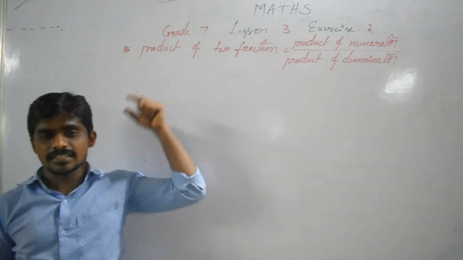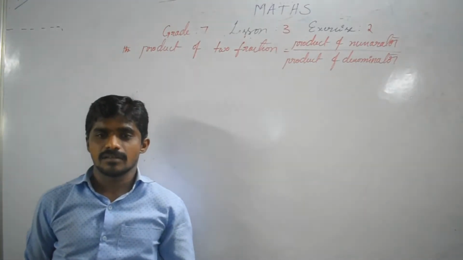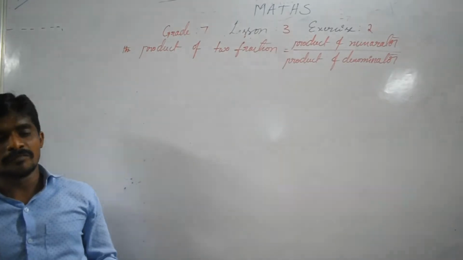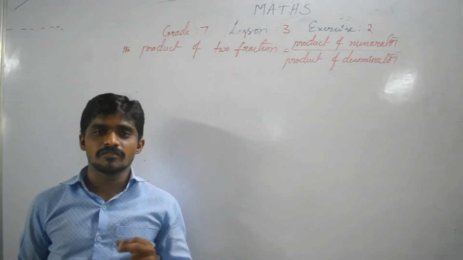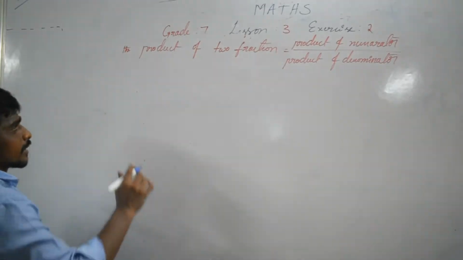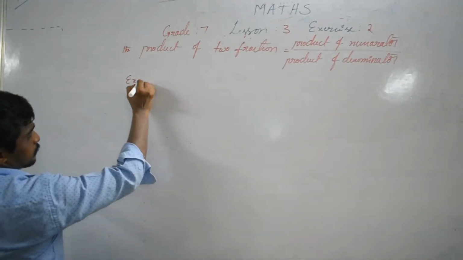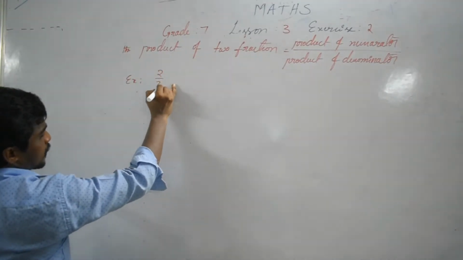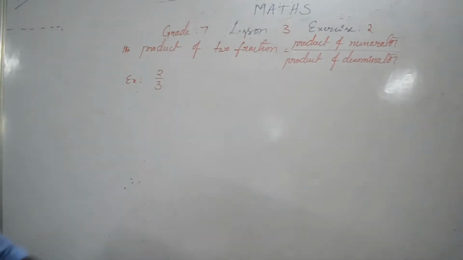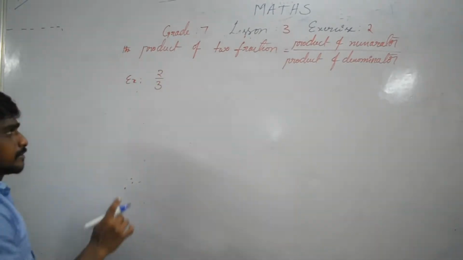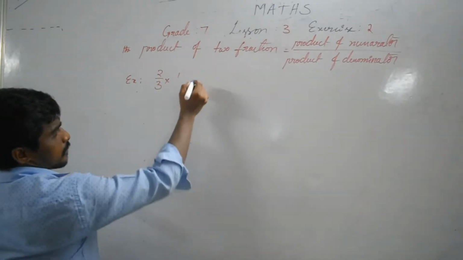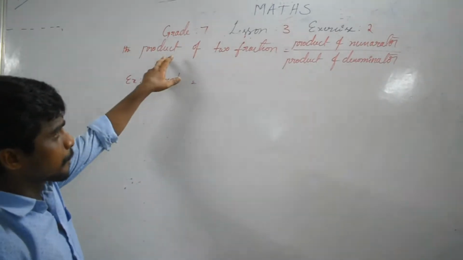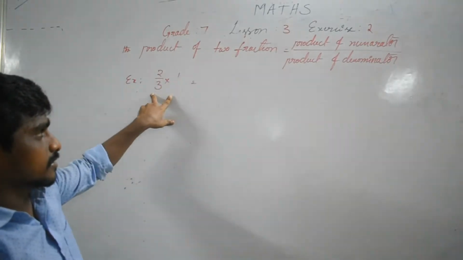Just keep this statement in your mind, and any multiplication problem will take just 30 seconds. So here are examples. 2 by 3 is a proper fraction, multiplied by 1 by 2.